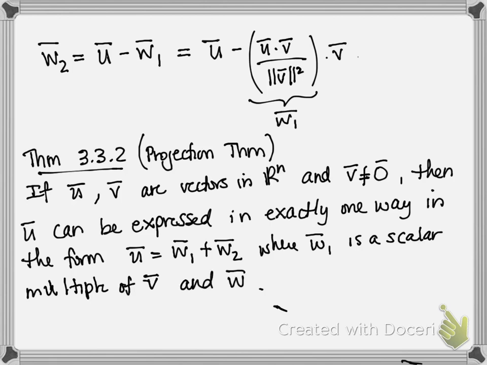And W2 is orthogonal to V. Okay, so a parallel part and a perpendicular part. Okay, and this is how you find each. So we've got time to do just one example.